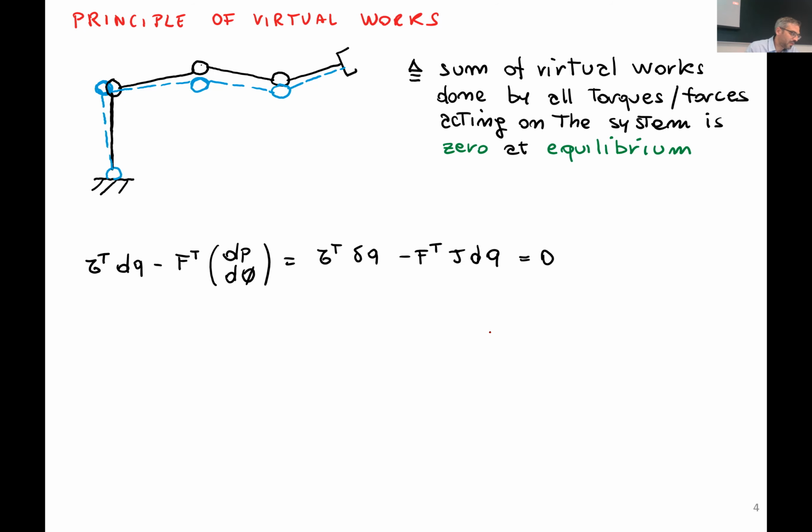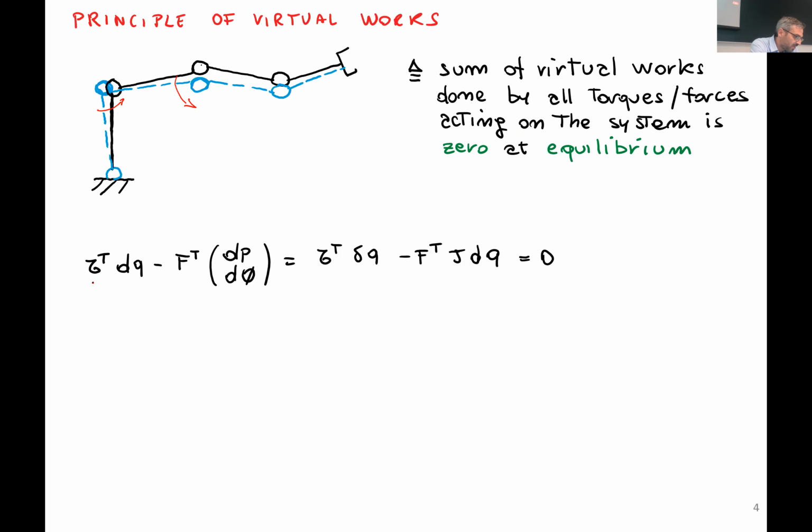So think about it, there are torques at these joints, and each torque is doing an infinitesimal work. For example, tau 1 does a virtual work with the displacement dq1, tau 2 does a virtual work whenever there is a displacement dq2.